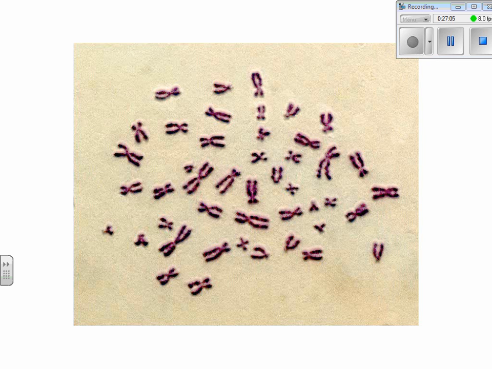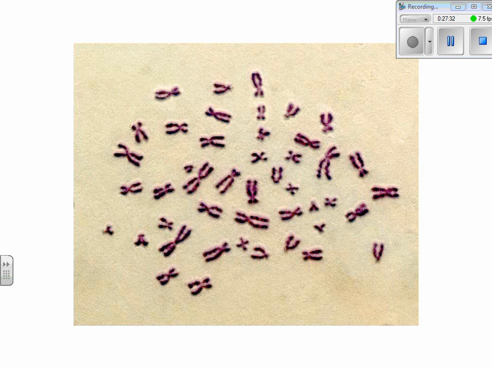Now, the first sheet in your handouts, you've got a diagram showing a normal human karyotype. Karyotype just means all the chromosomes. And those are the chromosomes, all human ones, just photographed and then essentially cut out and stuck together in pairs.